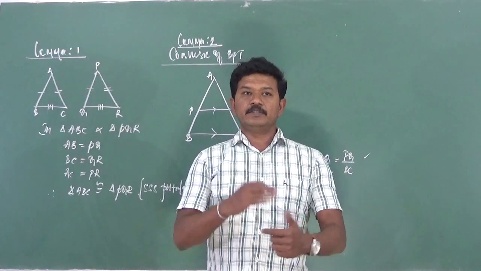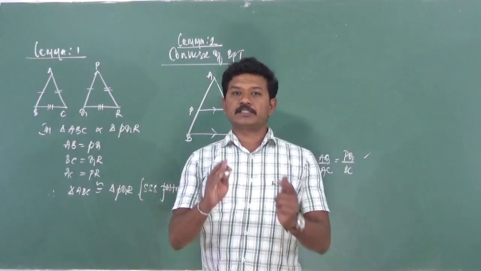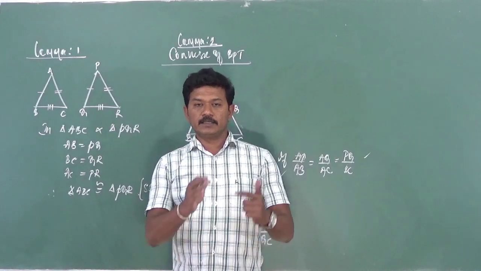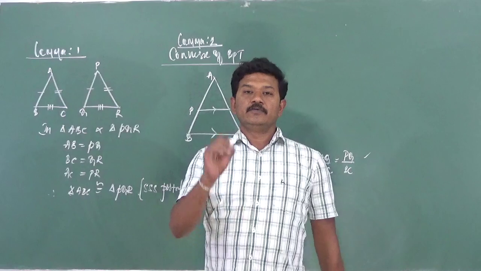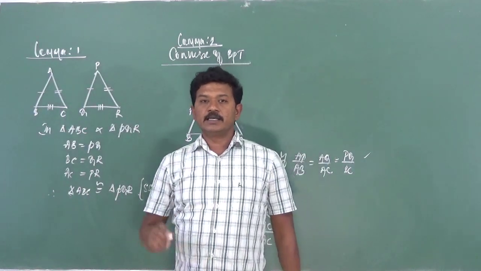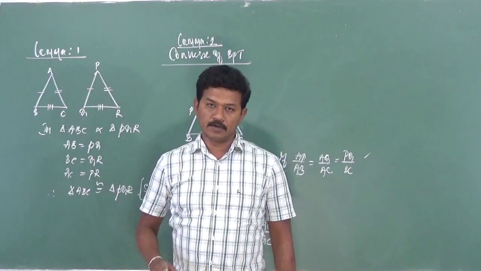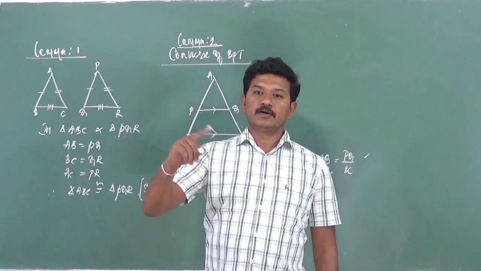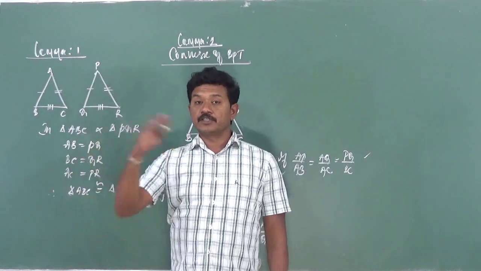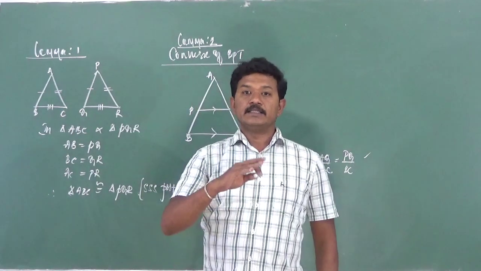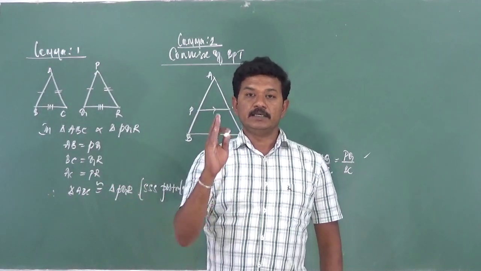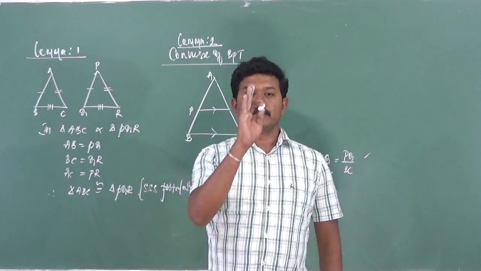So apart from these two lemmas, you have to remember a statement also, regarding the relation between the congruency and similarity. That is, if two triangles are congruent, then they will be similar, or two congruent triangles are always similar. Reverse of that may be or may not be true, but this straightaway statement is 100% true.